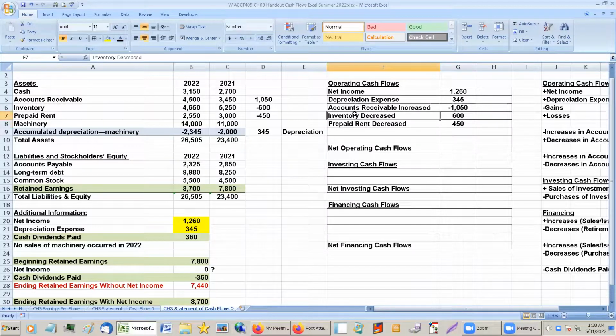So inventory decrease, so these are all assets. Here it is for now.